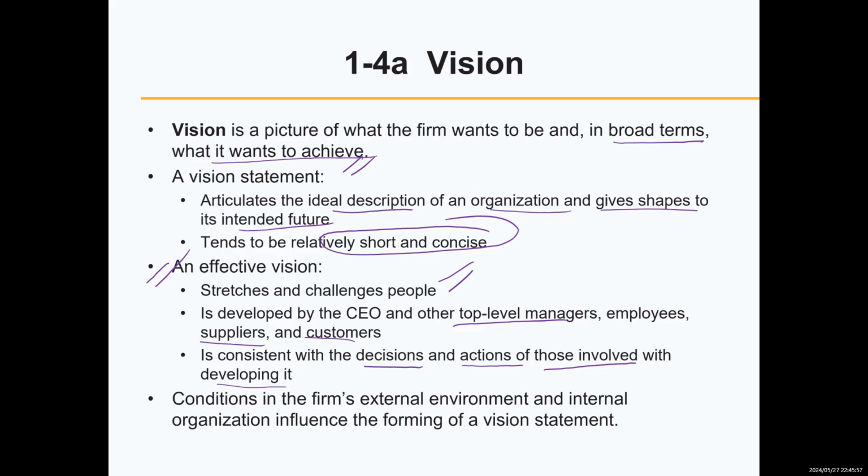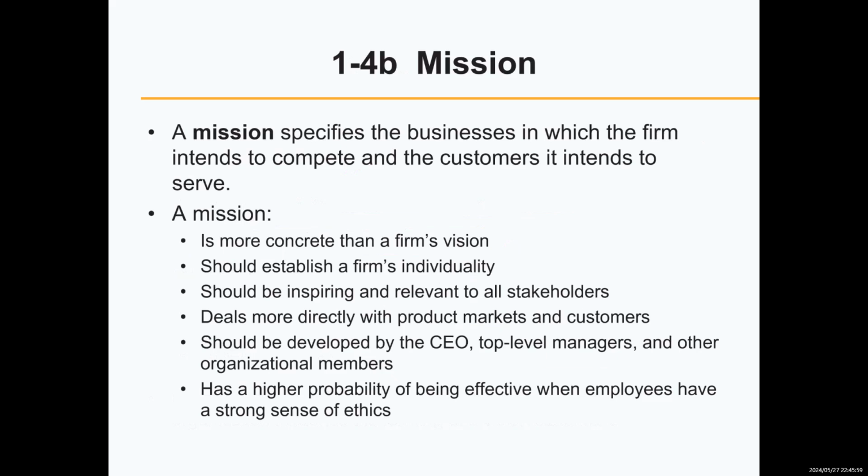Now, let's talk about the next step, which is mission. A firm's mission is an externally focused application of its vision, right?